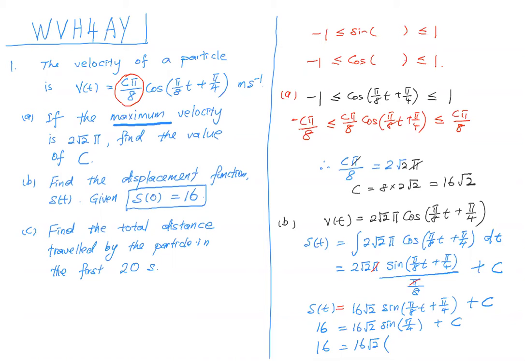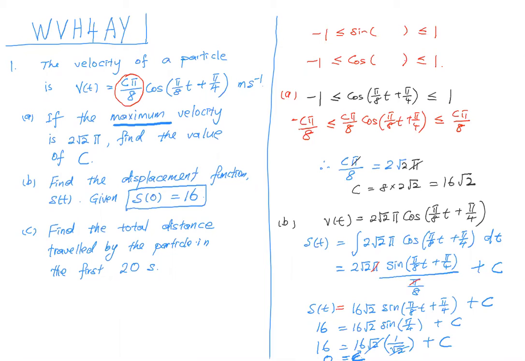It's root 2 over 2. Okay, in this case, you put 1 over root 2 will be better, right? So therefore, your c in this case is equal to 0. Okay? Can or not?